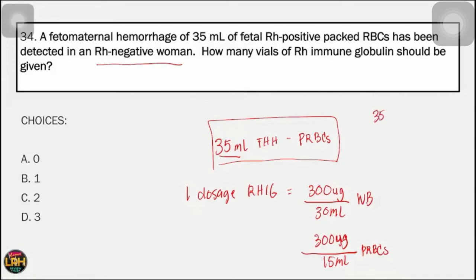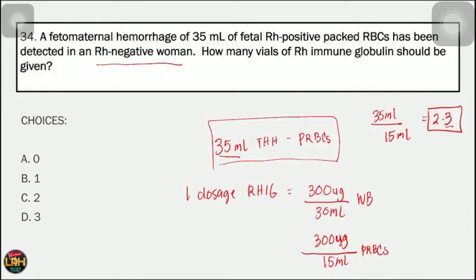So, 35 ml divided by 15 ml, we get 2.3. So, is this round up or round down? Again, look at the decimal number. On the right, we have 3.